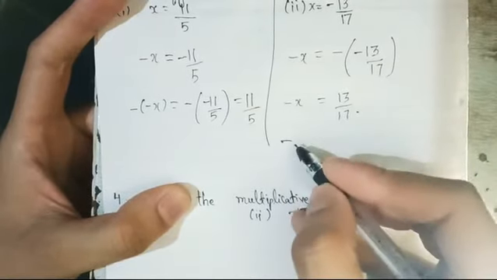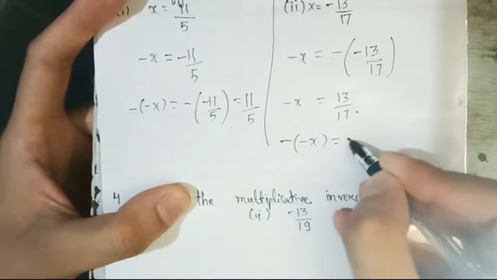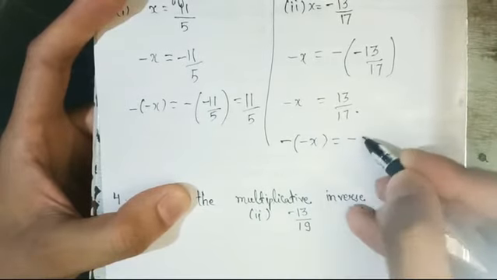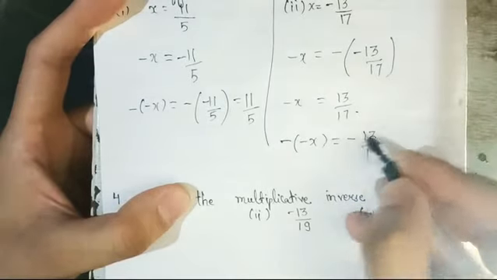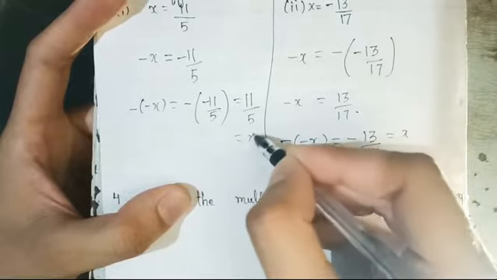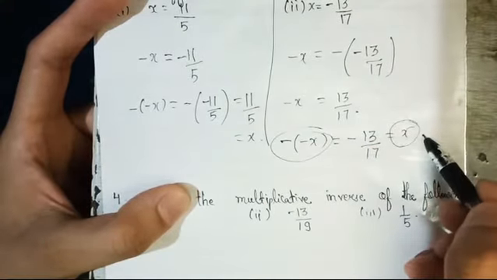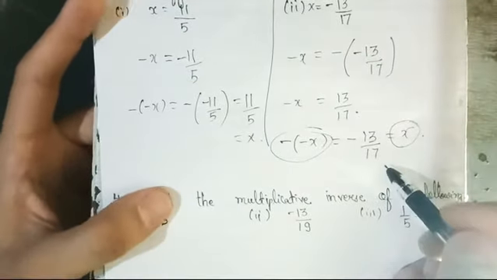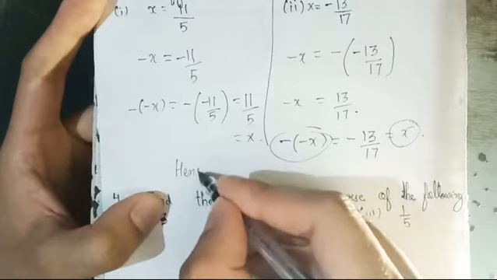Okay, so minus of minus x will be equal to 13 upon 17, and that is what? X here. And here also 11 upon 5, and that is what? X here. So LHS is equal to RHS, hence the answer is verified, and at the end you can write hence it is verified.